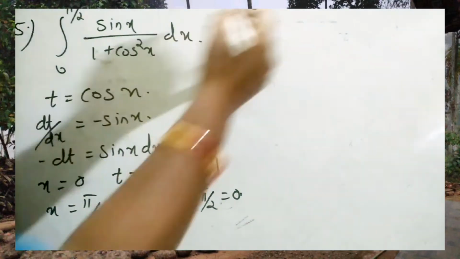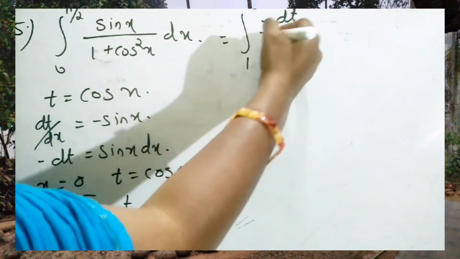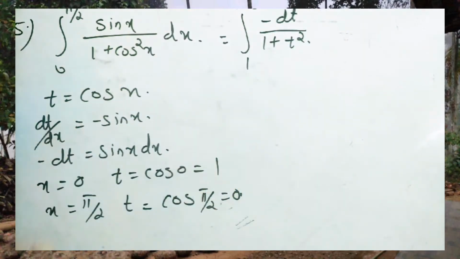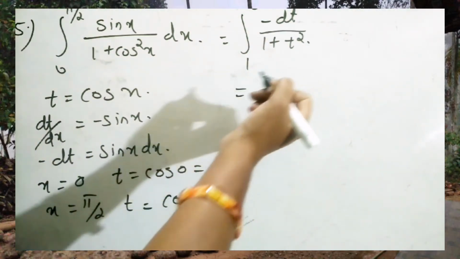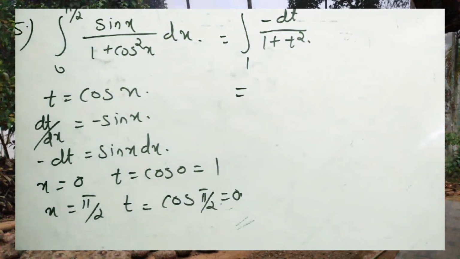Integral 1 to 0 minus dt divided by 1 plus t square. We know that integral dt divided by 1 plus t square is of the form integral dx divided by 1 plus x square, that is tan inverse x.